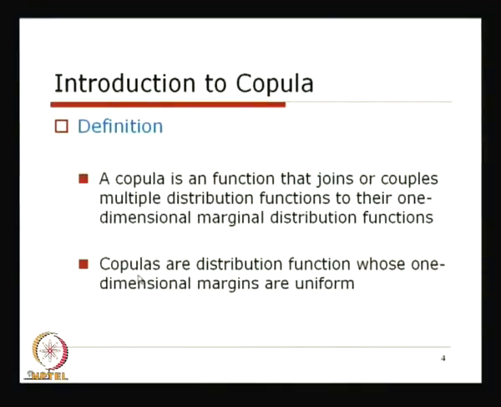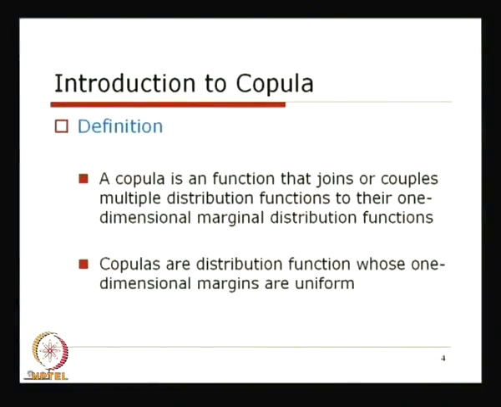The second is that copulas are distribution functions whose one dimensional margins, meaning the marginal distributions, are uniform. When we take some random variable and we know its CDF, the CDF has a range from 0 to 1.